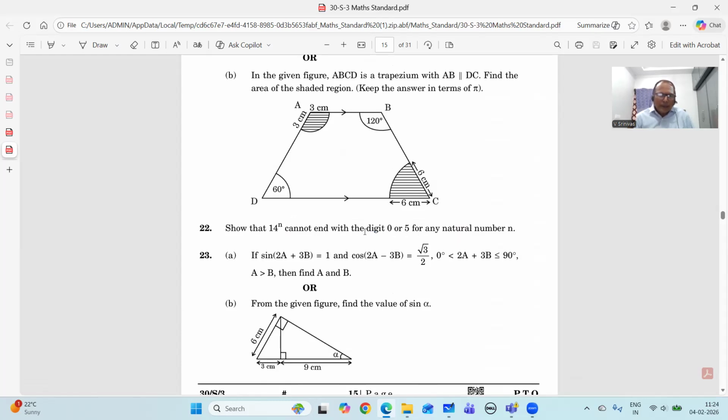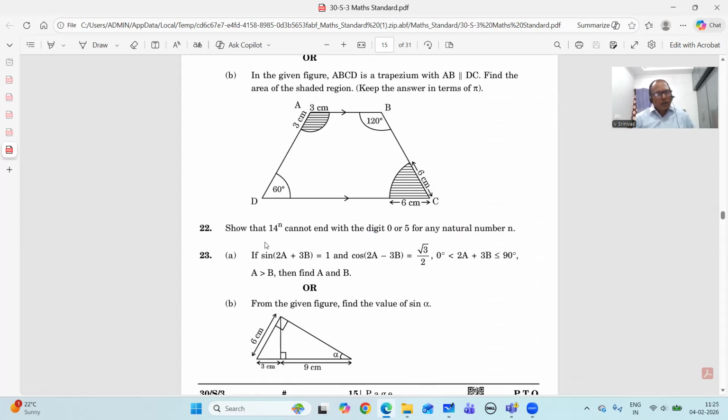How about 5? Can it end with 5? If a number ends with 5, it is divisible by 5, right? Then only it can end with 5. If 5 divides 14 power n, it also divides 14.